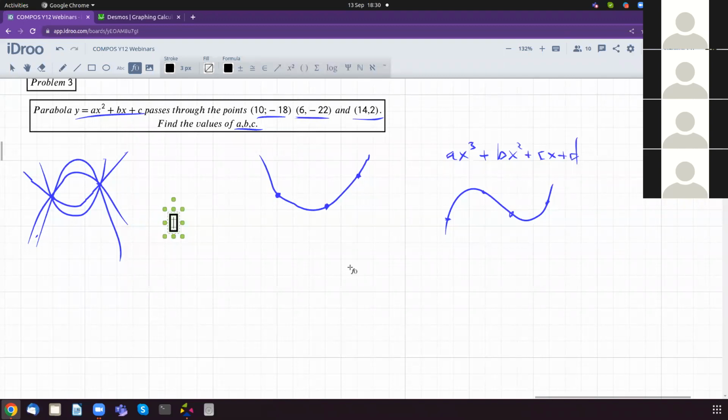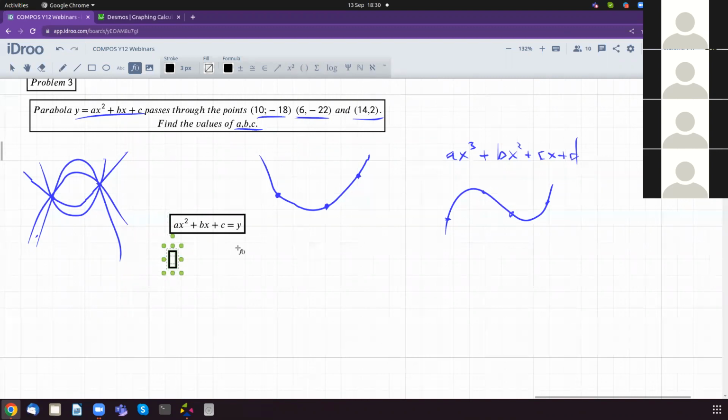And okay, so we'll write the expression like this: ax squared plus bx plus c equals y. This is the original formula. And all I need to do now is substitute all these values into it. So for the first point, x equals 10, y equals minus 18.